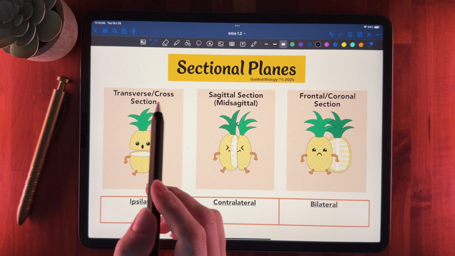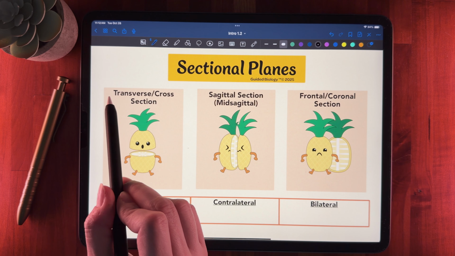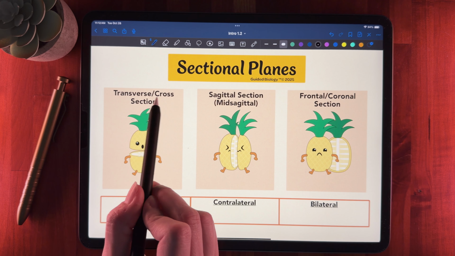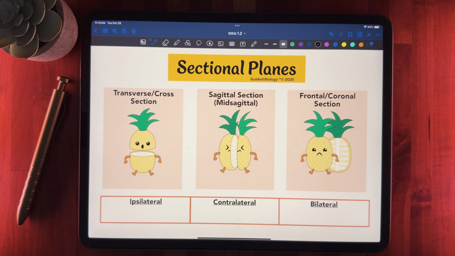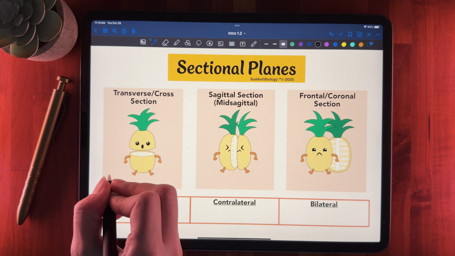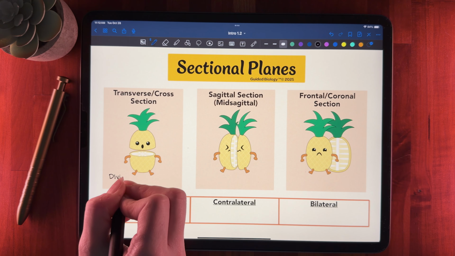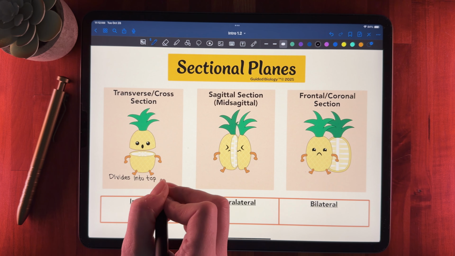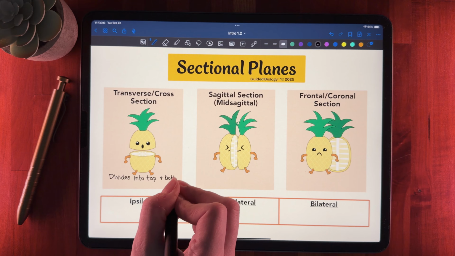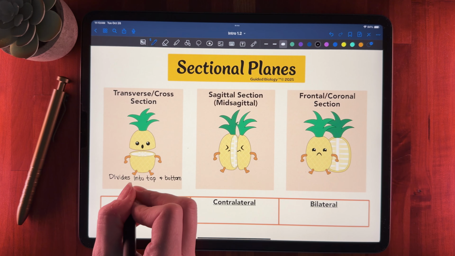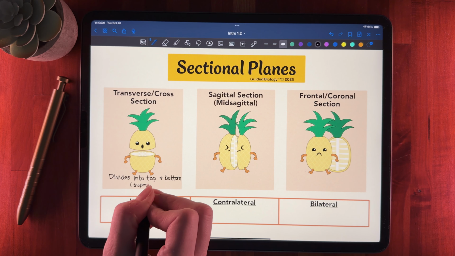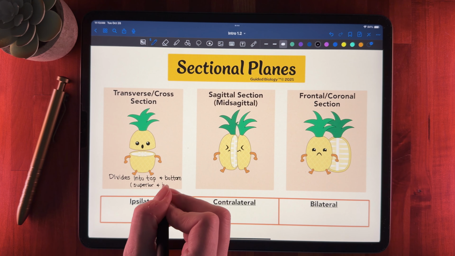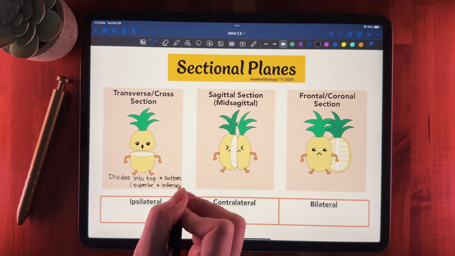All right, so our first sectional plane is called a transverse or cross section. A transverse section is going to divide the body into top and bottom parts, or if we're going to use our new fancy directional terms, it's going to divide the body into superior and inferior parts. So top and bottom, or superior and inferior.